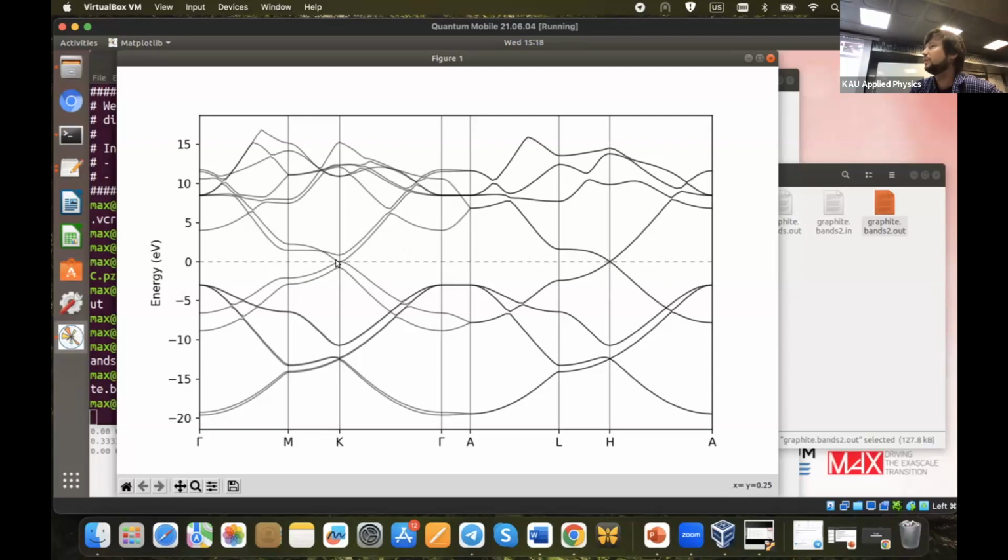You also got it, yeah? You see how beautiful they are. So here we see almost linear energy dispersion, and in these points electrons have a very huge velocity, and that's one of the reasons why graphene is such an interesting material.